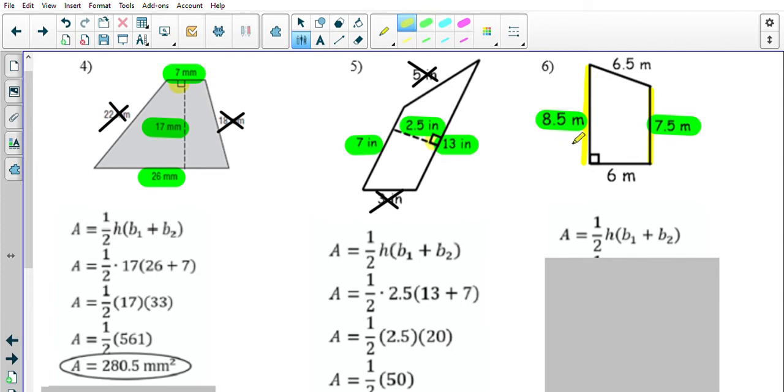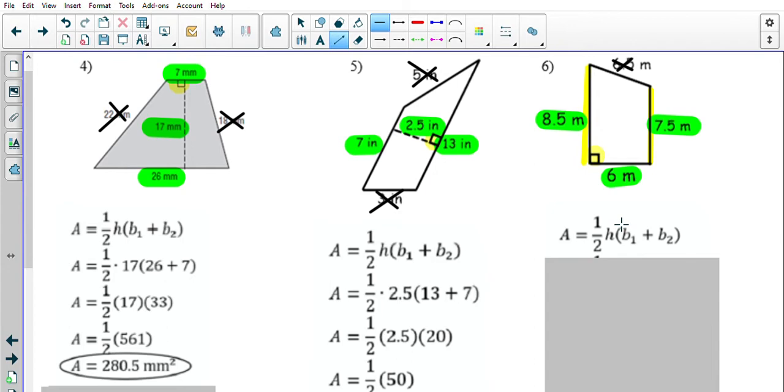We've got our 90-degree angle right here, and then we've got our height of this thing to be 6. That's the distance between your two parallel sides. So when we say the height, we can also refer to it as the distance between the parallel sides. This time we only have one number we're not going to use, which happens to be that 6.5. So sometimes students mix up which numbers go where. The 8.5 and 7.5 are going to be b sub 1 and b sub 2, but they can be mixed up.